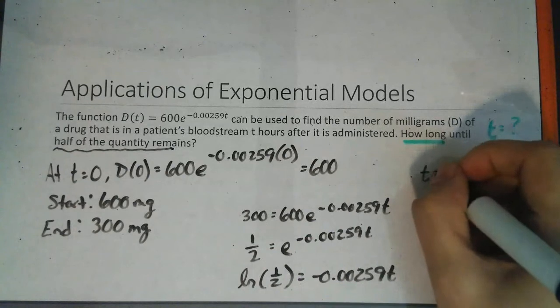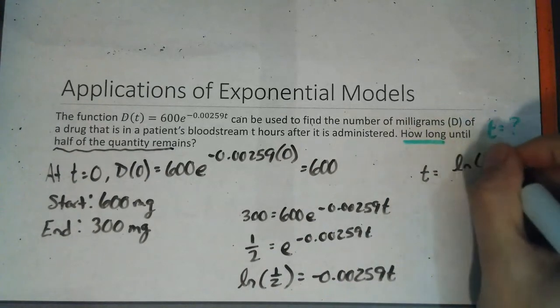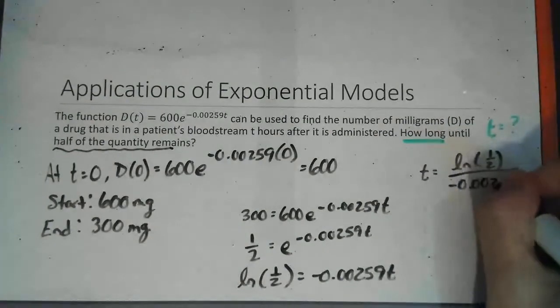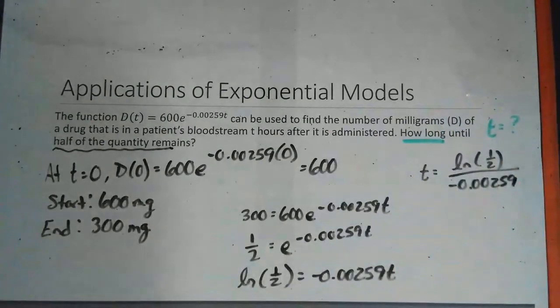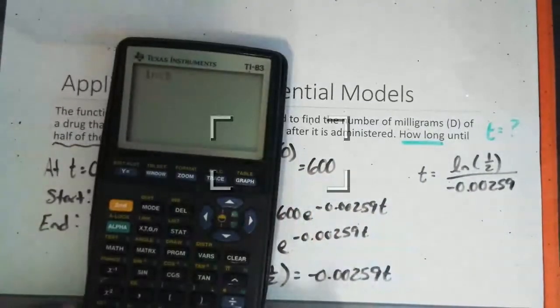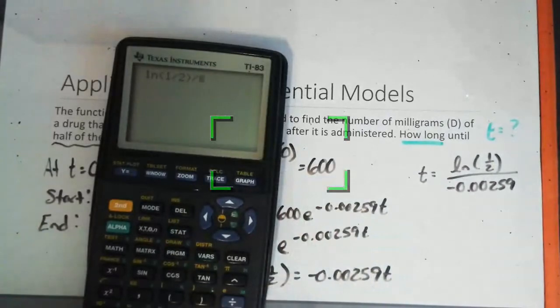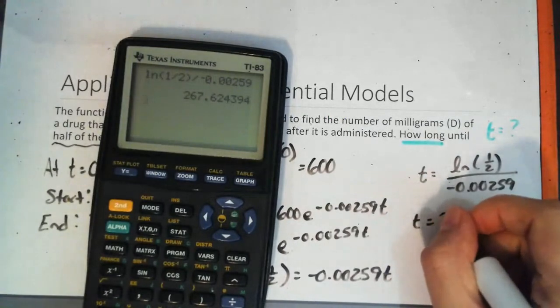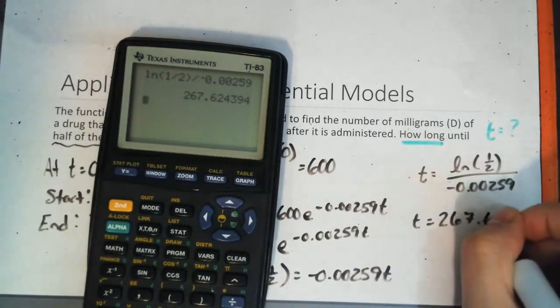So to solve for t, I need to divide both sides by that gross negative number. And I get that t is equal to the natural log of 1/2 divided by negative 0.00259. I'm getting that t is equal to 267.62.